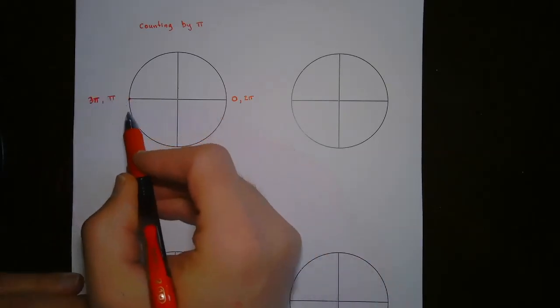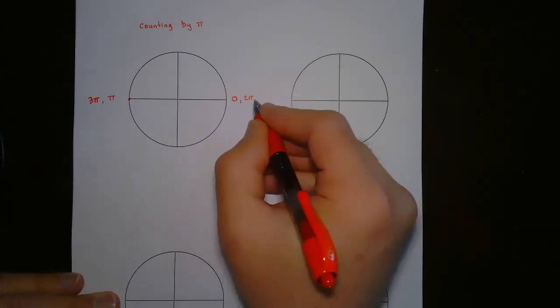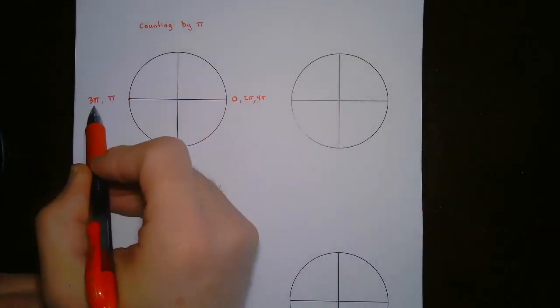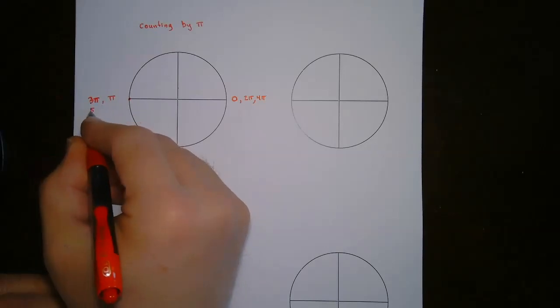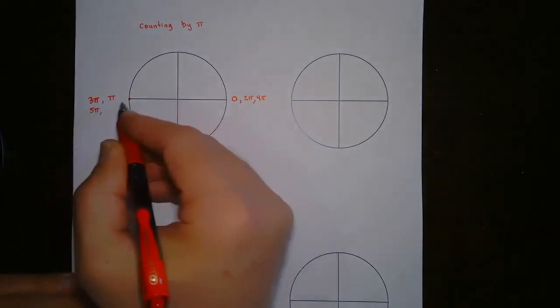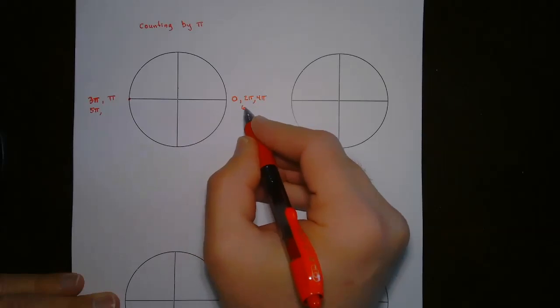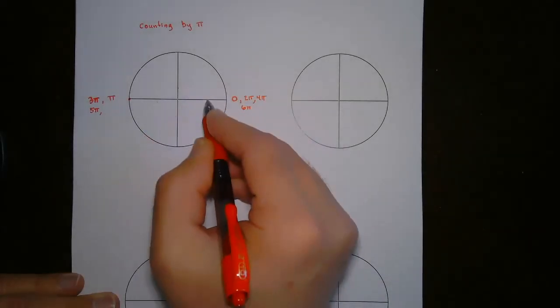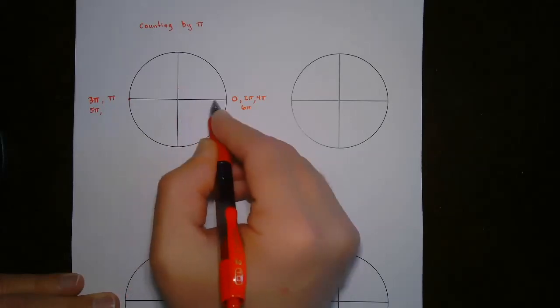Okay, keep going. This would be 4 pi. And this would be 5 pi. Keep going. This would be 6 pi. And so we're starting here and we're ending here or here, on this side right here, okay?